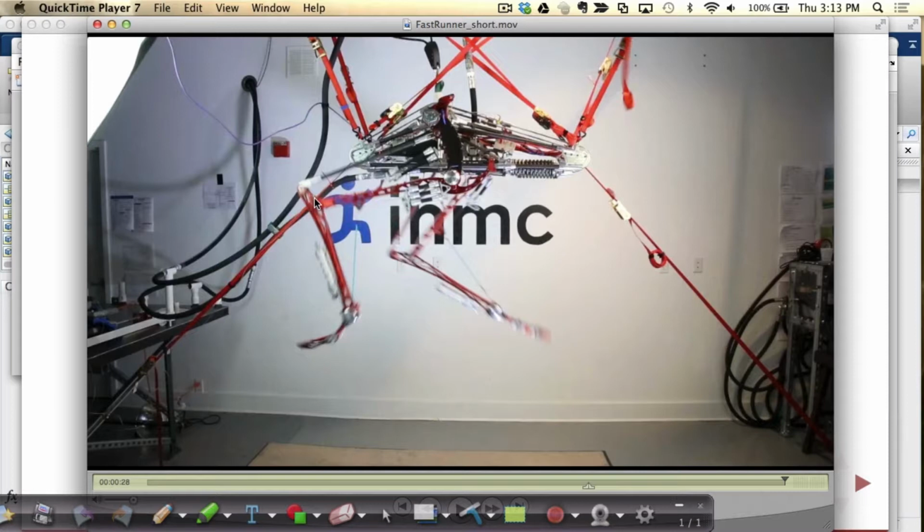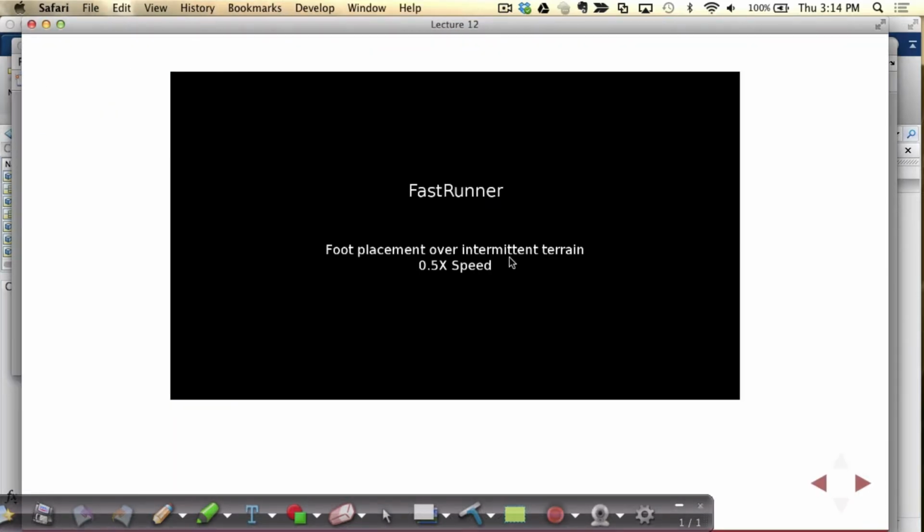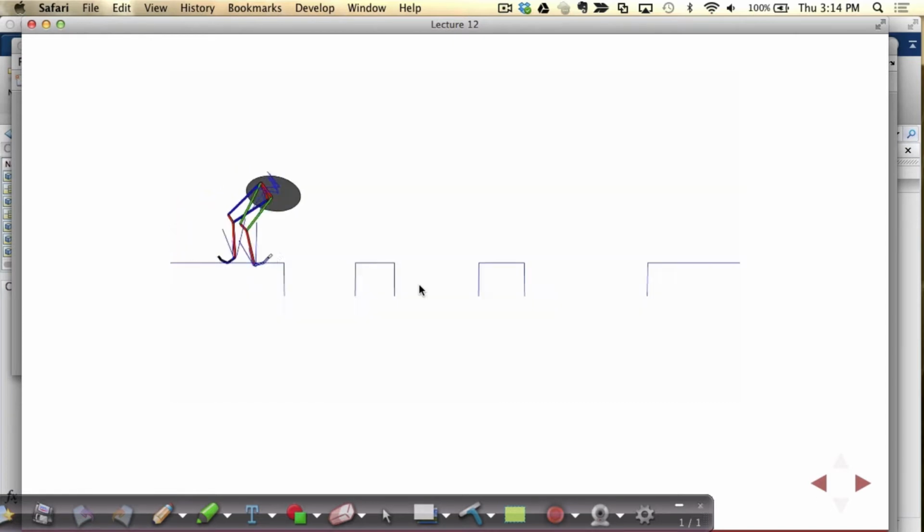So the idea that we could write down a hybrid mode schedule for this was just dead on arrival, and that's why Michael innovated this sort of way to do mode-free optimization. So it was a major success story for us to be able to say that we could eventually not only plan nominal gaits of Fast Runner, but you could actually do things that the open loop thing couldn't do. You could have it plan over intermittent terrain and the like.